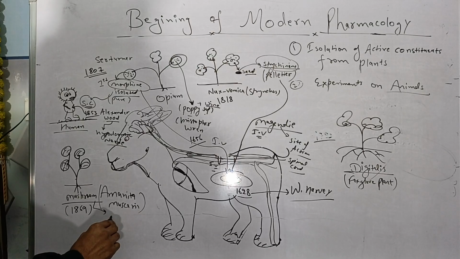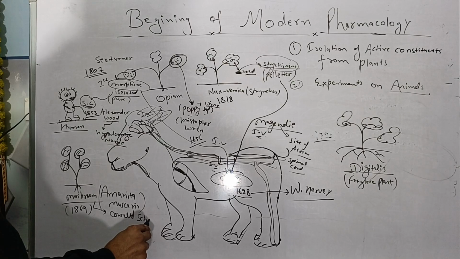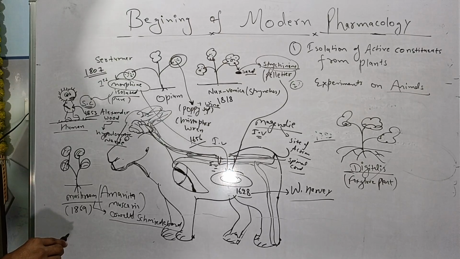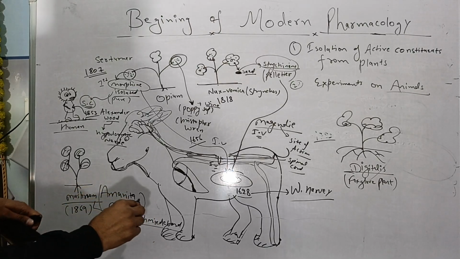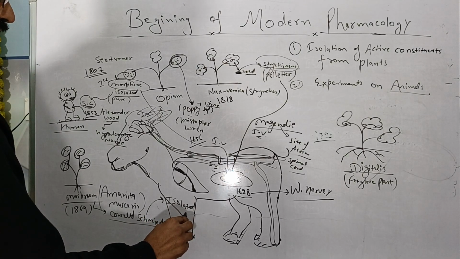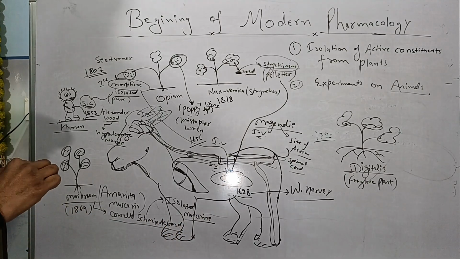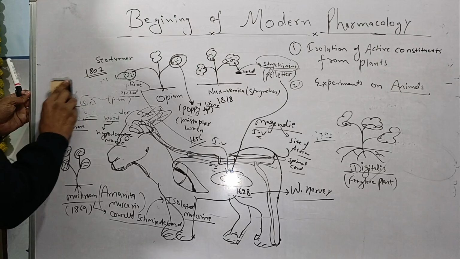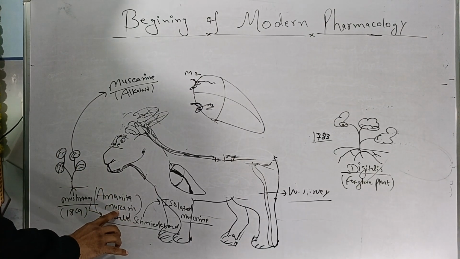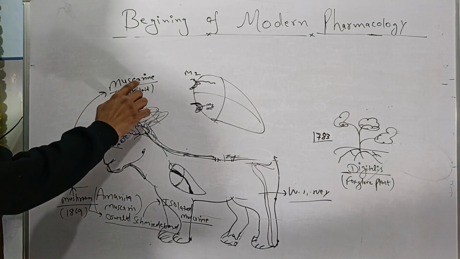From this, for the first time, Oswald Schmiedeberg, who is known as the father of modern pharmacology, isolated muscarine. So from the mushroom Amanita muscaria, Oswald Schmiedeberg isolated one alkaloid named muscarine.